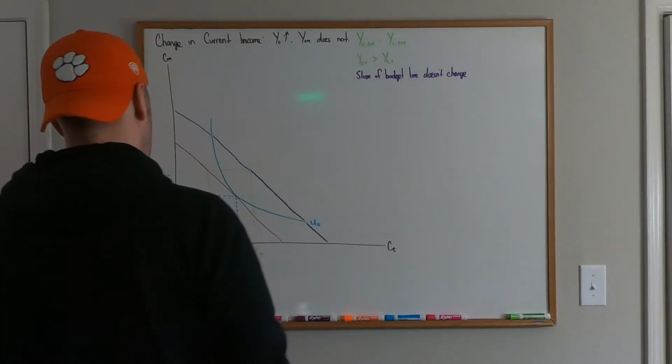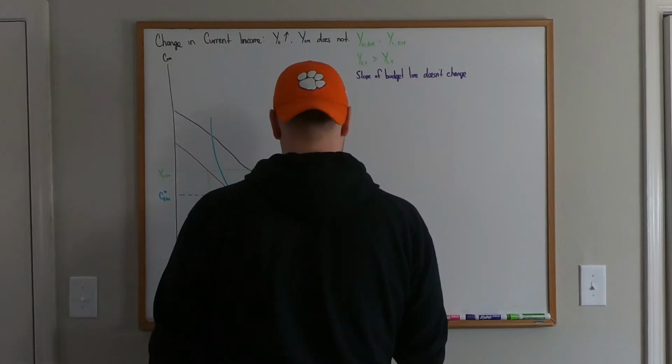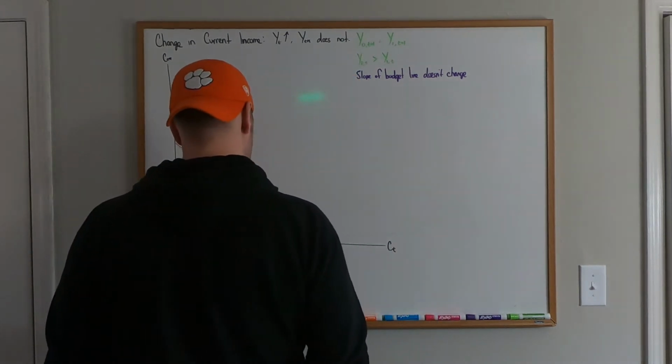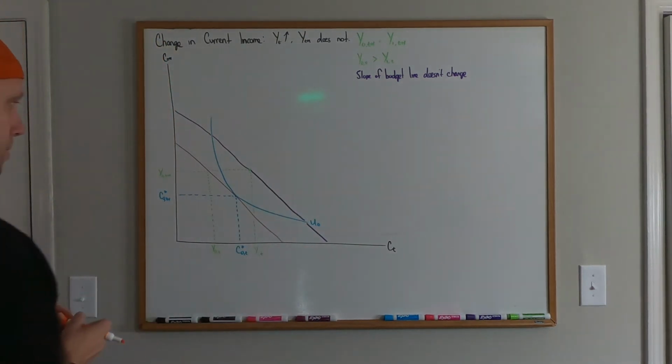So what's going to happen here? Let's draw another indifference curve. What color do we want? We can try orange. Orange might work. Orange might be very bad. We will see.